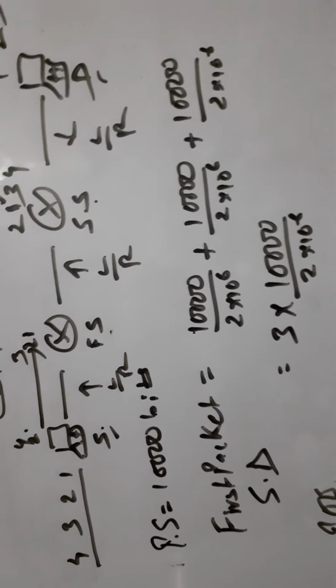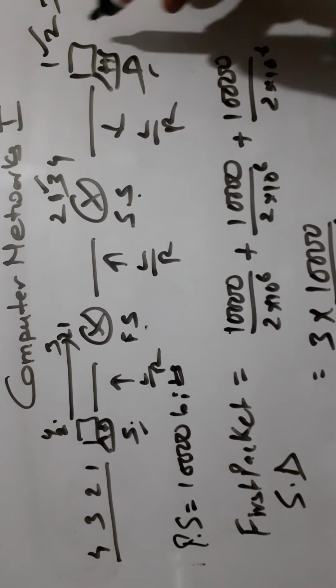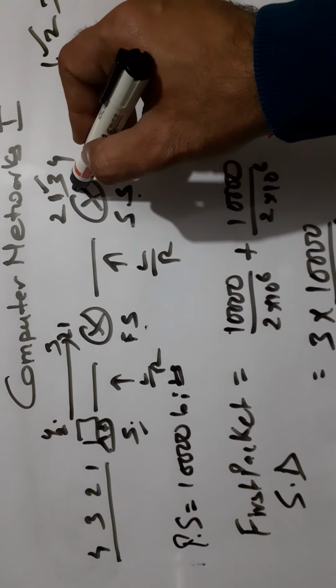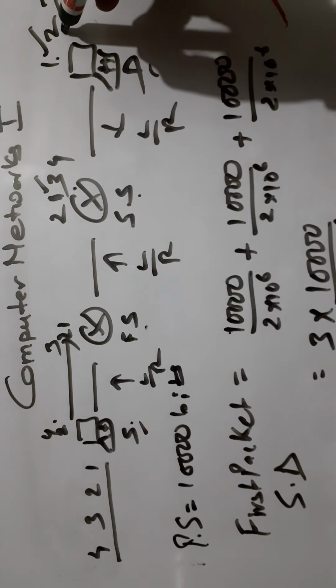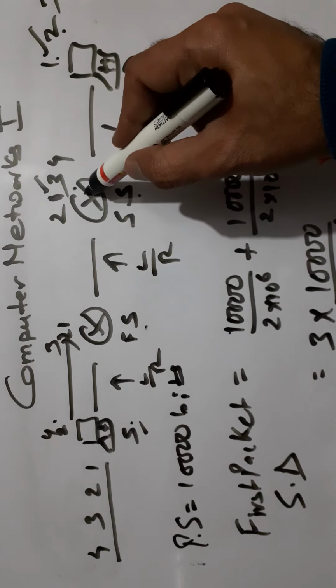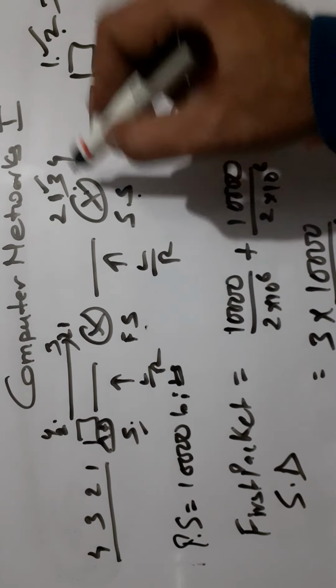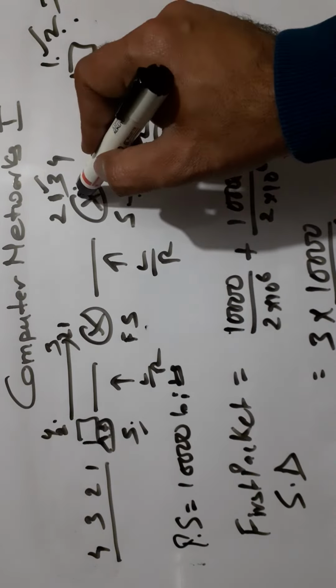And as I told you a few minutes back, when the first packet is at the destination, the second is here. When the second packet is at the destination, the third one is at the second last switch. When the third packet is here, the fourth one is here.